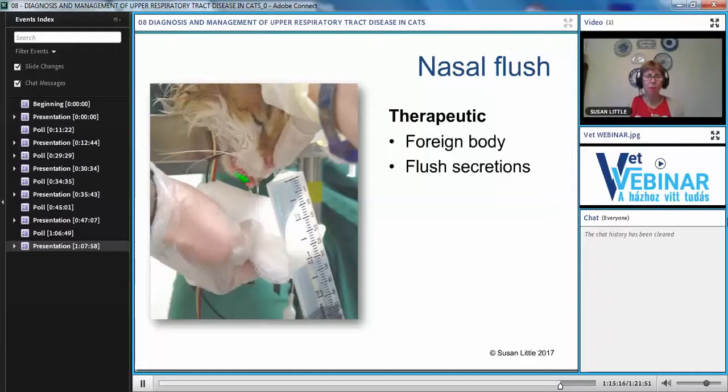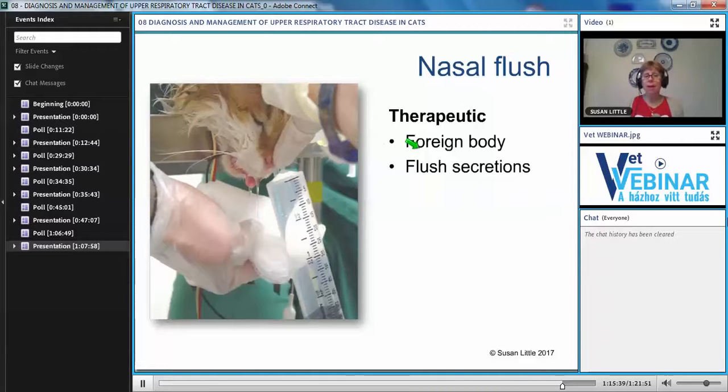So we've got the endotracheal, it's hard to see in this picture, but the cat is intubated. So there's an endotracheal tube in place that, of course, is well inflated, and we're holding off the other nostril while we inject the saline into the other side. So usually somewhere between 20 to 50 mils of warm saline we will flush in there.